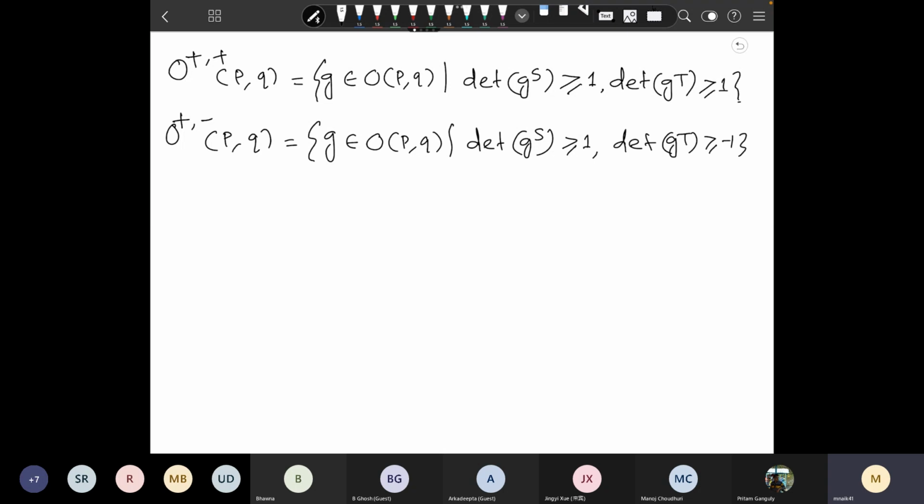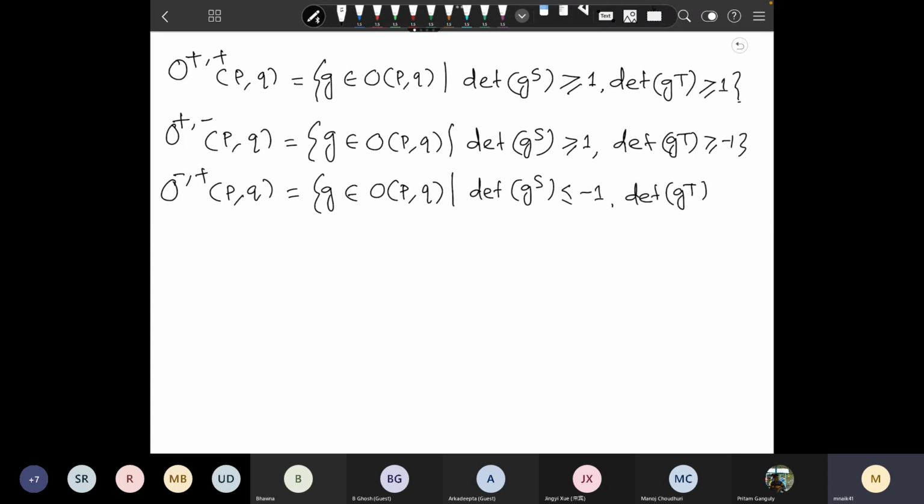Similarly, O minus plus (p,q) is the set of g belonging to O(p,q) such that determinant of g_s is less than or equal to minus 1 and determinant of g_tau is greater than or equal to 1.